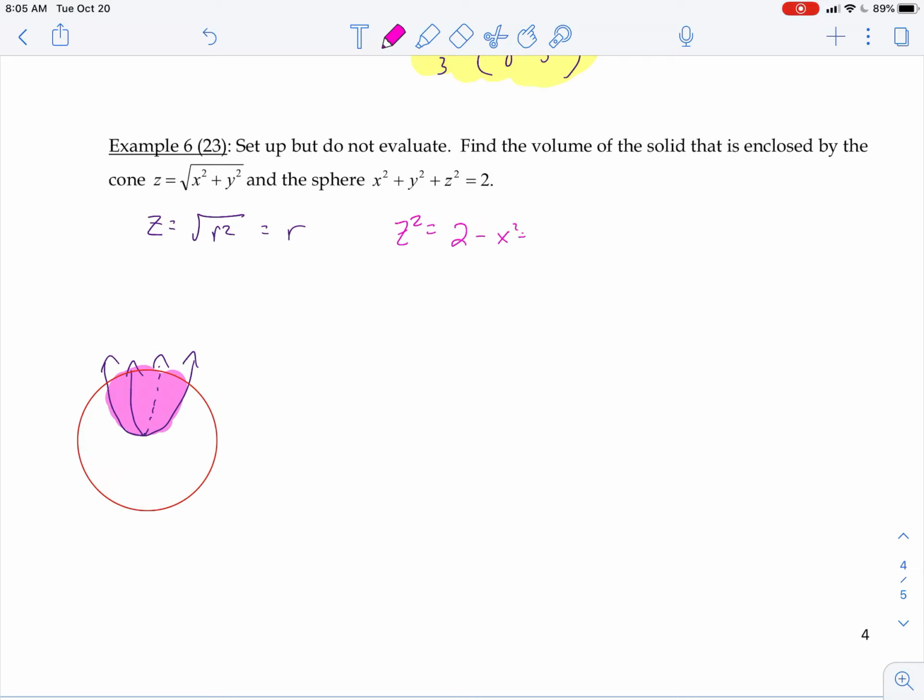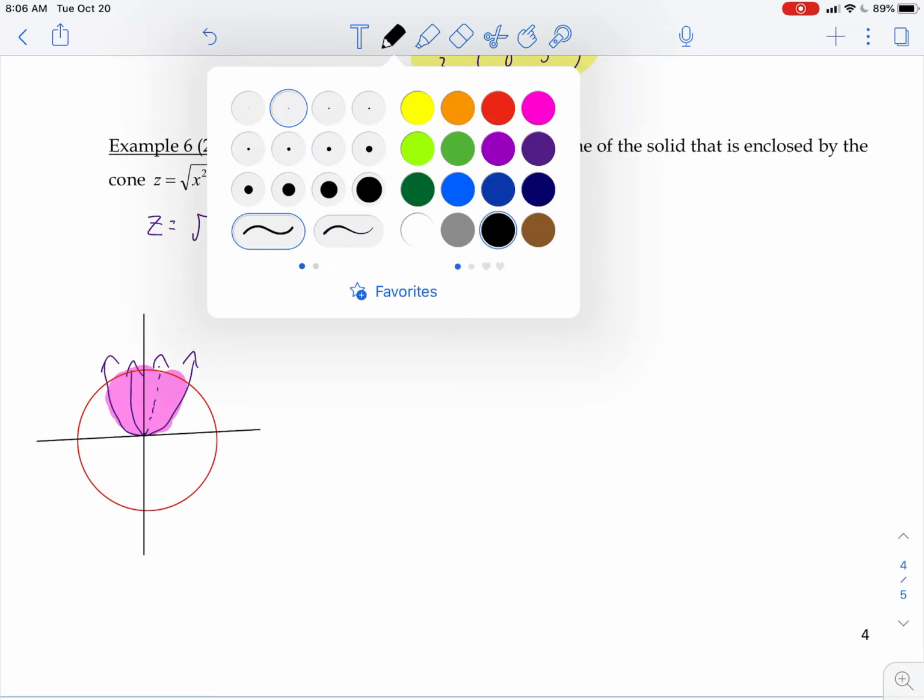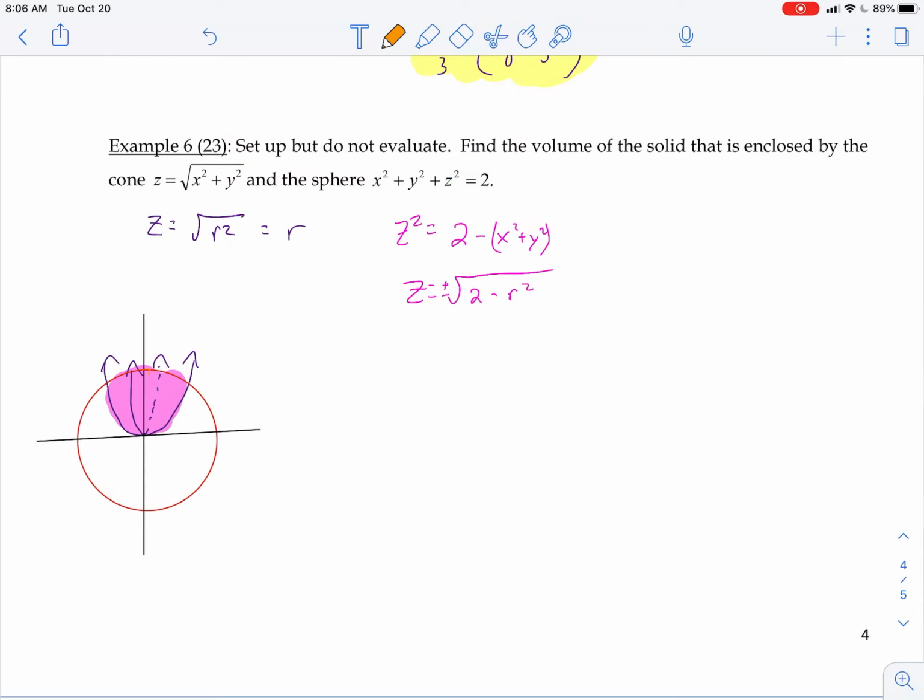All right, let's solve this equation for z. So z squared is equal to 2 minus x squared plus y squared. Square root that. Z is equal to the square root of 2 minus r squared, plus or minus. But notice, if that's going to be the xy plane, this is going to be where z is positive.